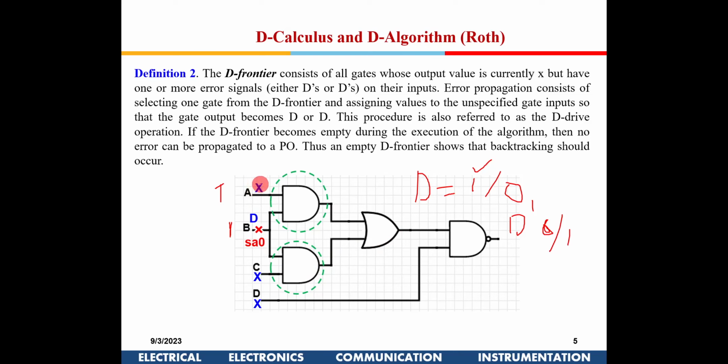Even if I have decided this, I have not yet assigned the value of A. But once I decide the path and I assign this value A to be 1, then this will come out of the D-frontier. So all these gates going into the D-frontier is a temporary issue. As the algorithm runs, they'll go into the D-frontier and they'll keep coming out of the D-frontier also. So that is the definition of a D-frontier.